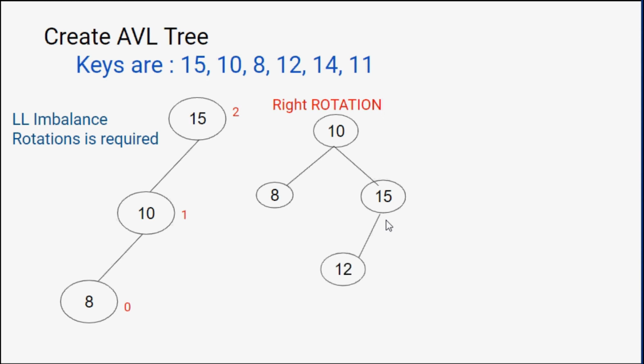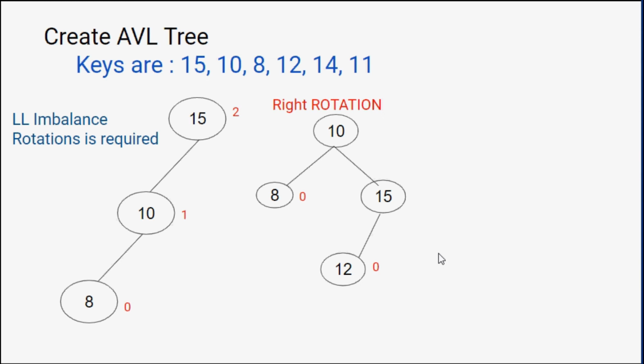Now as I told you earlier also, after every insertion, you need to calculate the balance factor. So now we are going to calculate the balance factor. Leaf nodes are going to have a balance factor that is 0. Already discussed it. Next is 15. Now what is the height of the left subtree of 15? That is 1.